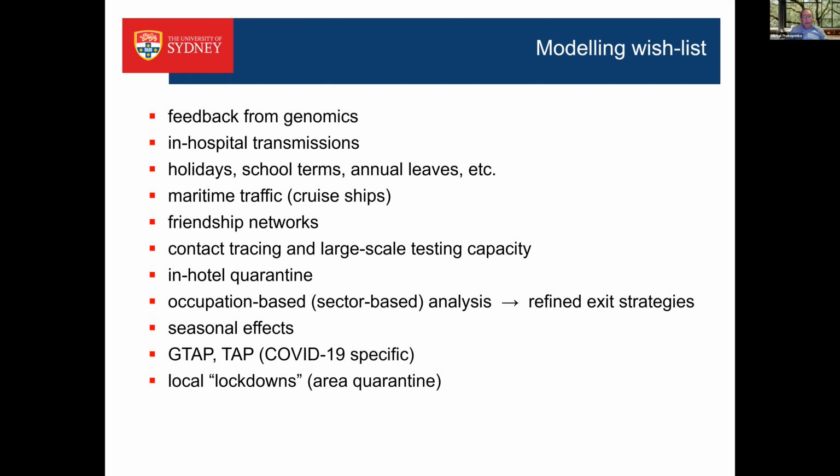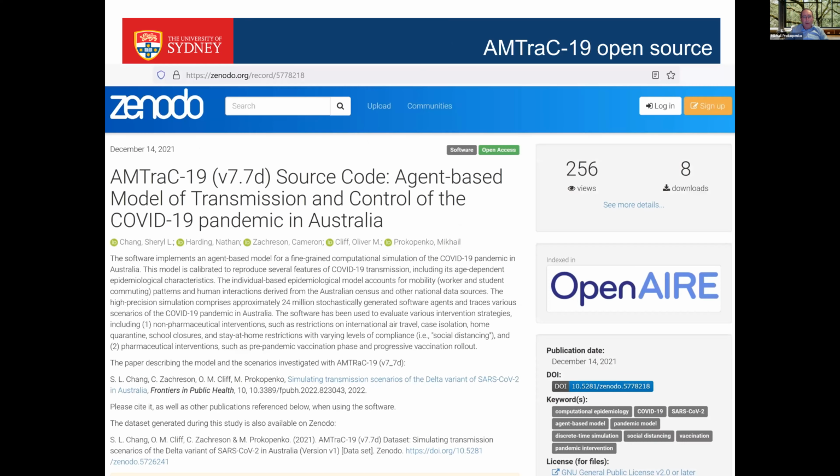So I'll skip over the wish list. Lots of things you could add to the model, and I will only have the slide here showing that there is an open source of this Amtrak 19. This is the link here on Zenodo, and we keep updating it, and another update is coming in maybe a week even.